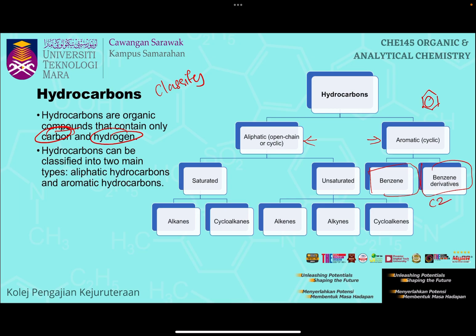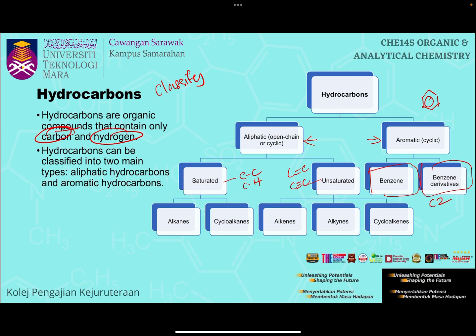For this chapter we're going to focus on the aliphatic side, which is saturated and unsaturated hydrocarbons. When we say saturated, we're talking about all single bonds, so it can be carbon-carbon bonds or carbon-hydrogen bonds. Whereas in unsaturated, you have the presence of a double bond, between carbon and carbon, or a triple bond.